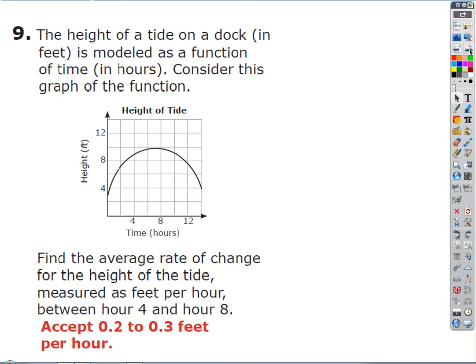Okay, so here's one. The average rate of change for the height of the tide measured as feet per hour between 4 and 8 hours. So all we would do is go from there over to there, right? So you're measuring the slope of that line, which would be difficult to do. But there's going to be a range of values you could accept.